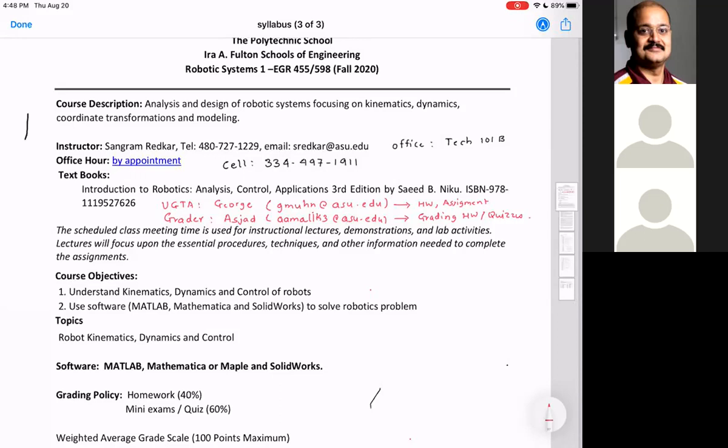And homework, if you need help with homework, just don't go to him and say, hey, George, how do I solve this problem? Or don't come to me and ask me, how do I solve this problem? The first question that we are going to ask you, tell us, where are you stuck? What have you done? Is that a conceptual problem or it's just some mathematical manipulation problem? So we want to see some effort on your side before we can help you.